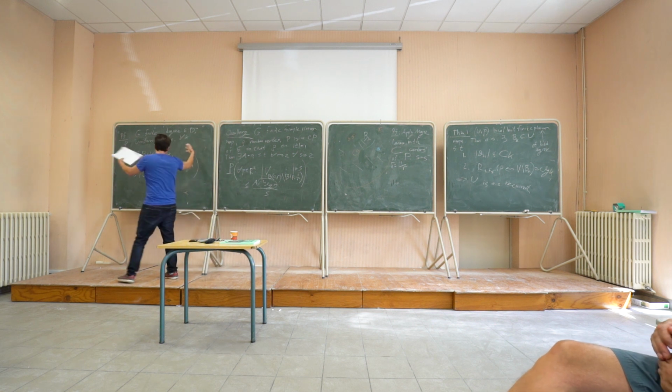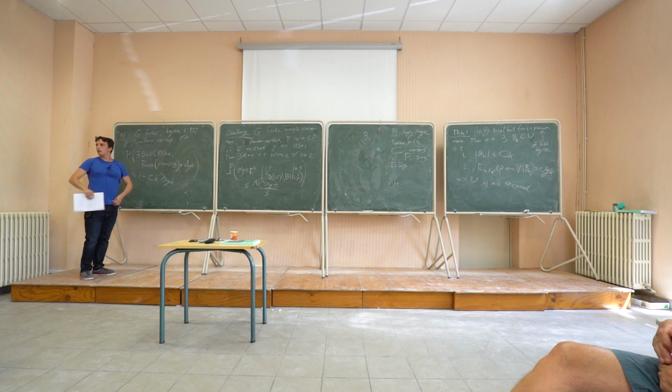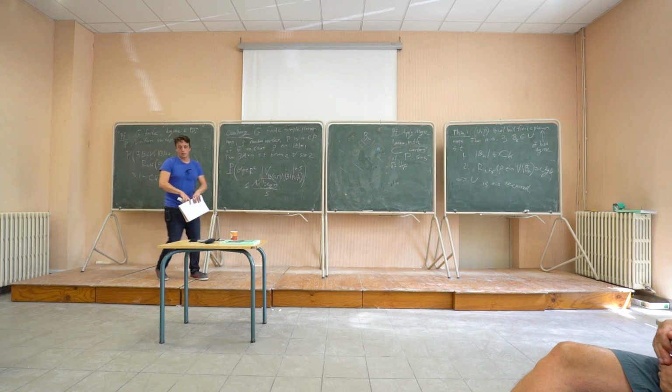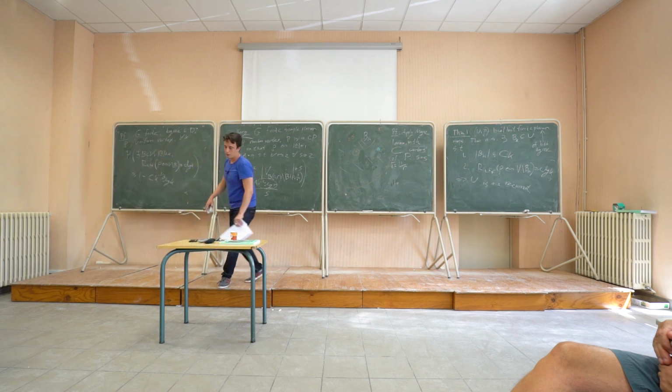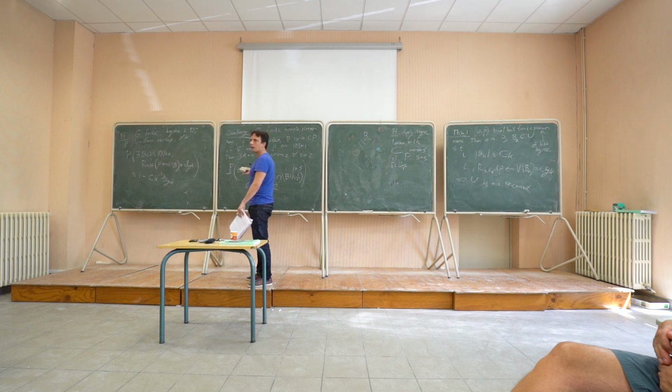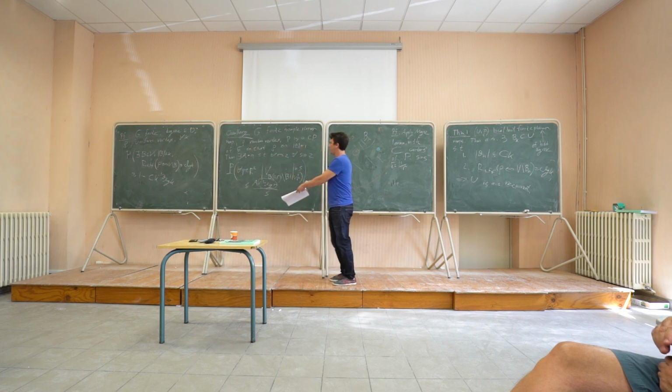So in fact, there is a statement here that could be stated for unbounded degree graphs. Let's prove this by drawing a picture. I'm just looking at the corollary, so we stare at the corollary.